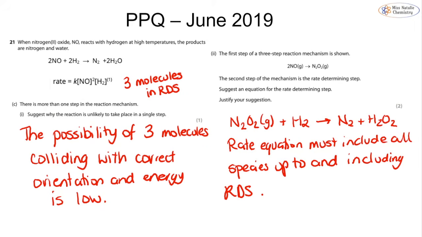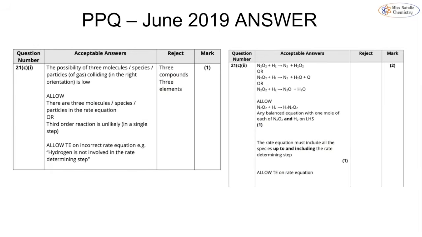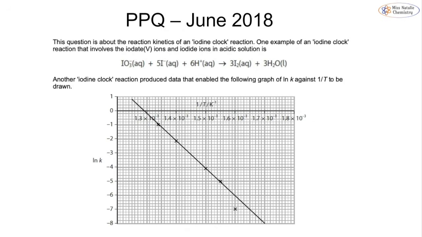We only have 2 molecules of NO in our stoichiometric equation, so we can't add any more here. We're wanting to react it with the hydrogen to make our 2 products here. And then, of course, there would be a third step to give us what we want. So there you can see the mark scheme. And then we're going to finish off looking at the June 2018 paper.